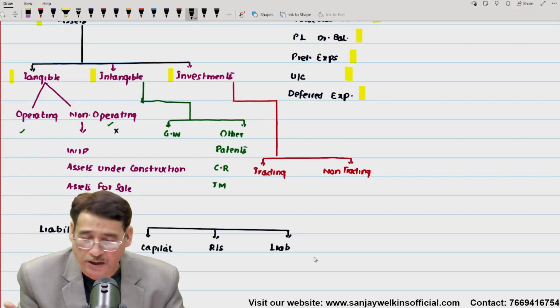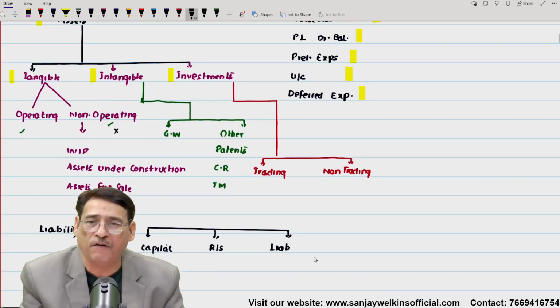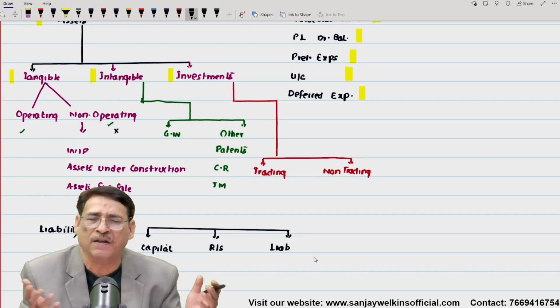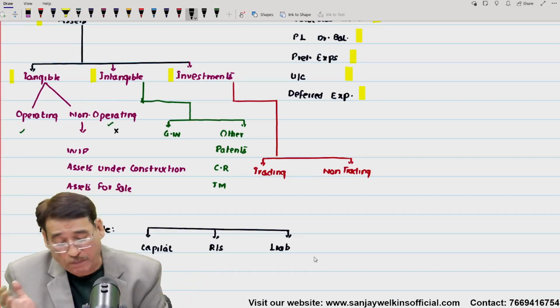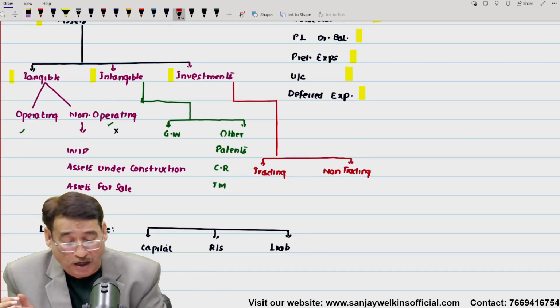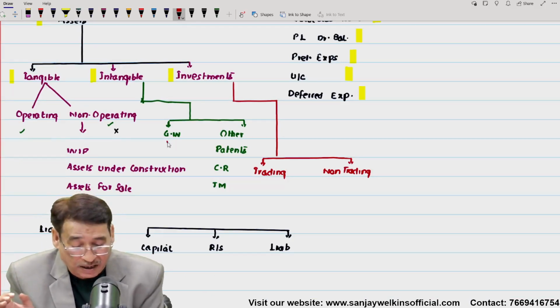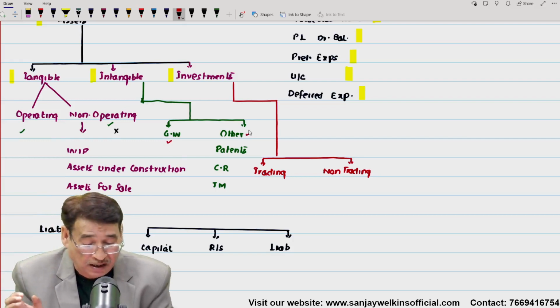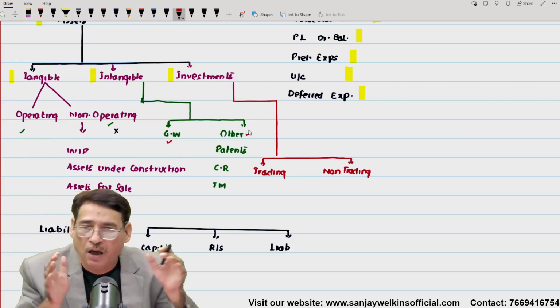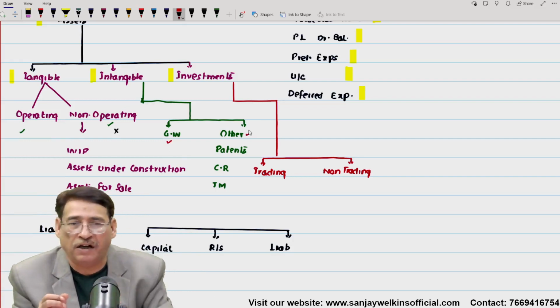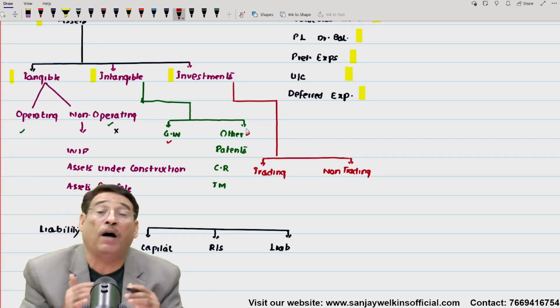Now, coming over to intangible assets. You know what we mean by intangible assets. There are several intangible assets like goodwill, patents, copyright, trademark, licenses, franchise, etc. Now, these intangible assets can be further divided into two parts for simplicity's sake: goodwill and other intangible assets. That means I have kept goodwill separately and clubbed all the other intangible assets into the category of other intangible assets.